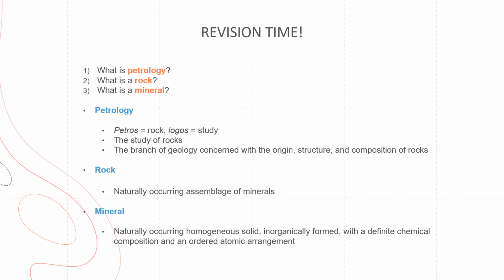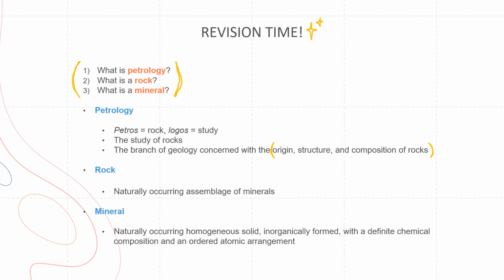Before we move further, let's have a quick pit stop and revise on some basic concepts. So let's have a look at the definition of the following things. What is petrology? What is a rock? And what is a mineral? Okay, so petrology is the study of rocks. And in geology, it is the branch of geology concerned with the origin, structure, and composition of rocks.